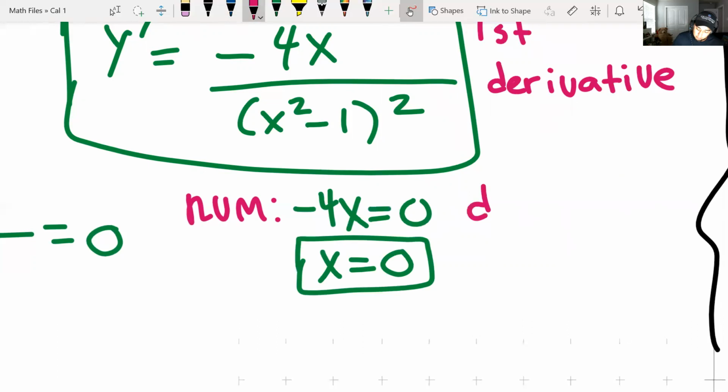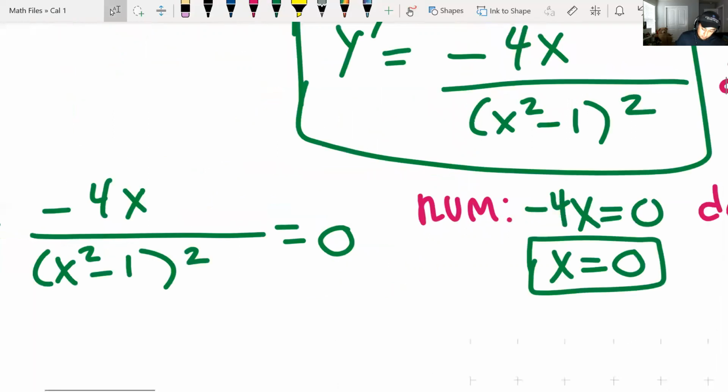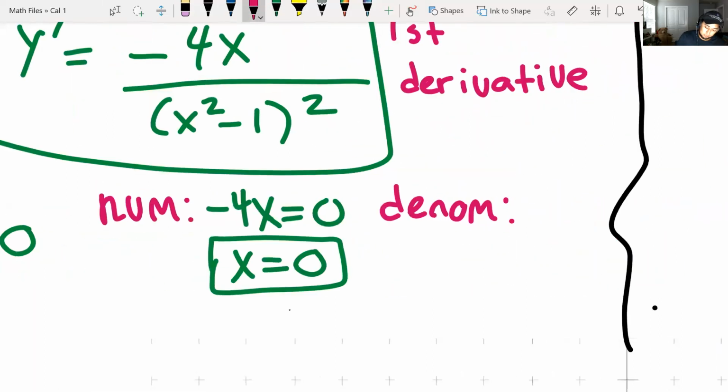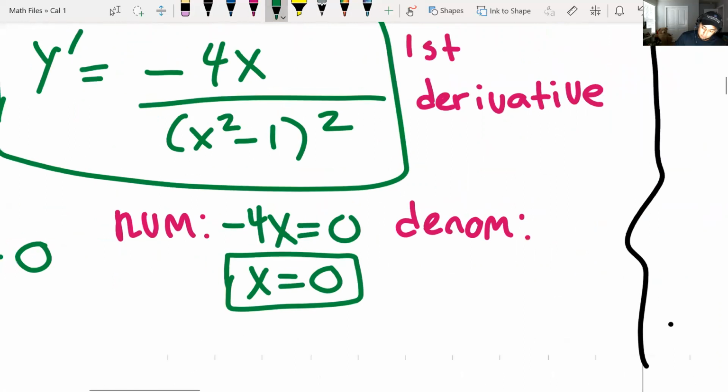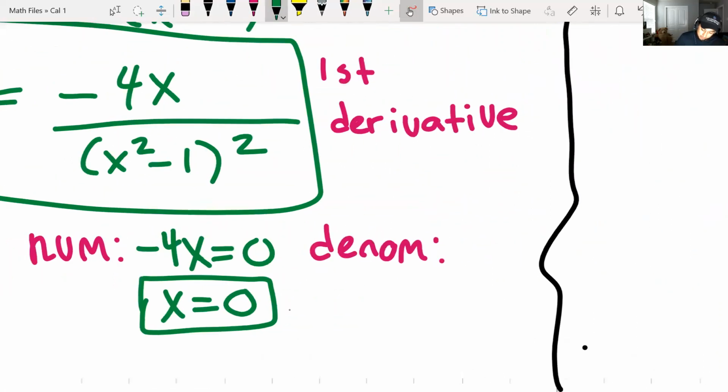Denominator: x squared minus 1 equals 0, therefore x equals plus or minus 1.